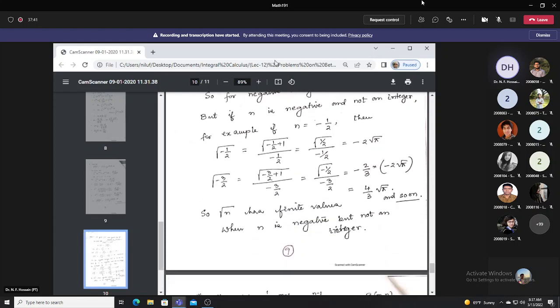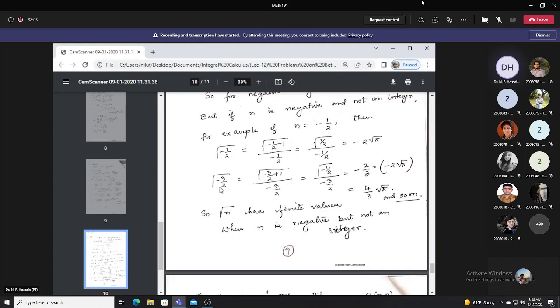Gamma minus half should be equal to gamma of minus half plus 1, which is gamma half, and gamma half is root over pi. And in the lower side, it is minus half, that means minus 2. So you see, you are not getting any infinity here when the numbers are negative fractions, like minus half.